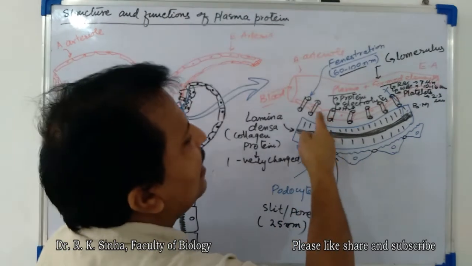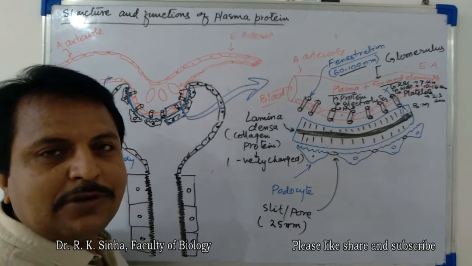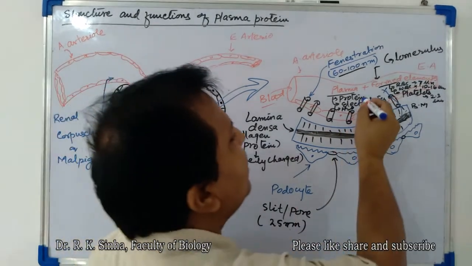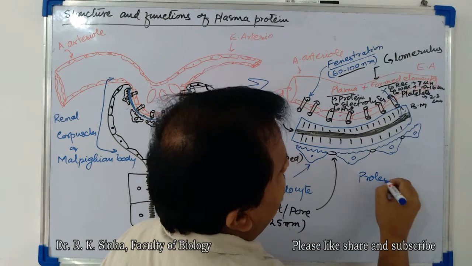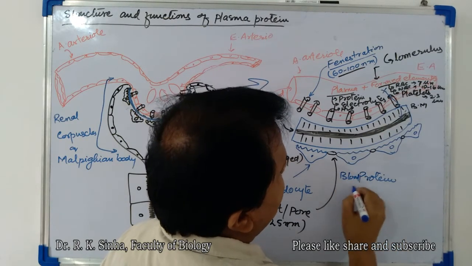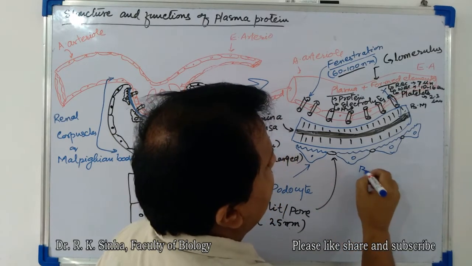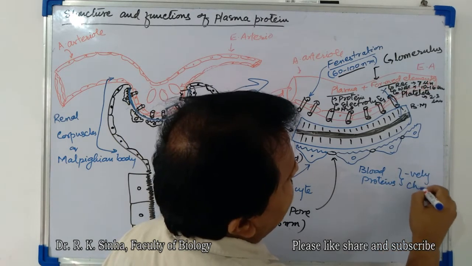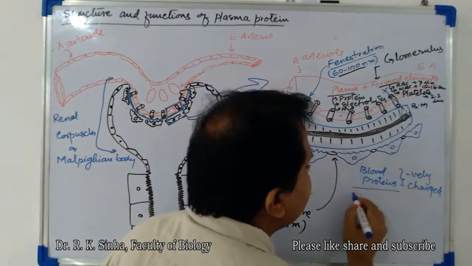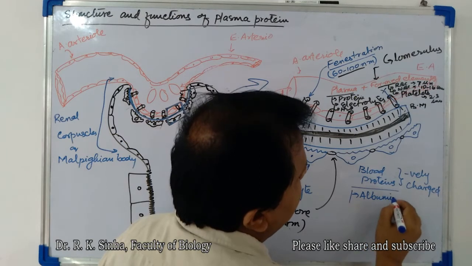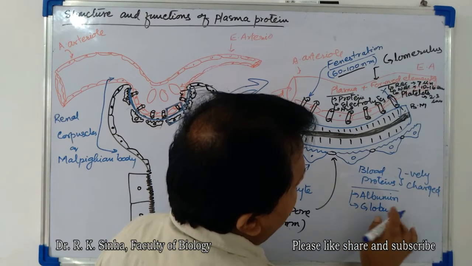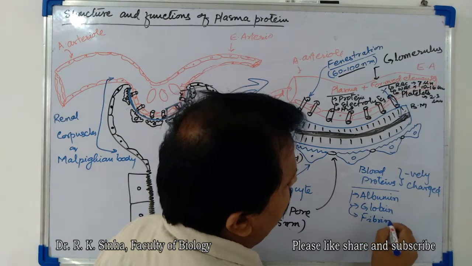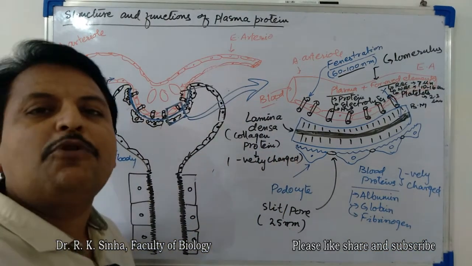Second, the membrane is made up of negatively charged protein, and as we know, blood proteins are negatively charged, just like albumin, globulin, and third, fibrinogen, the fibrin forming protein.